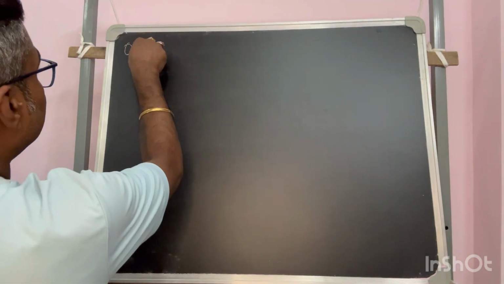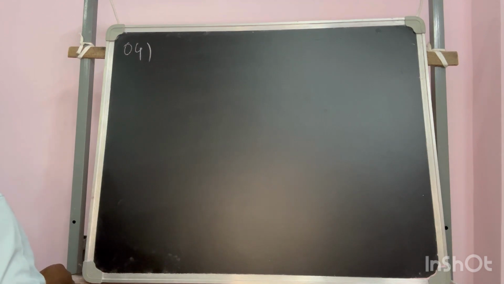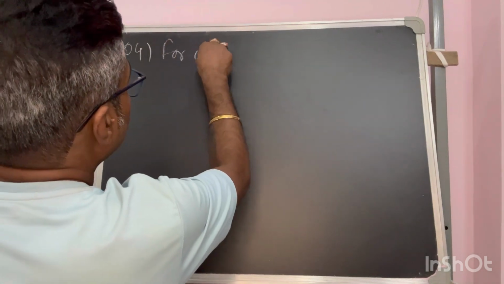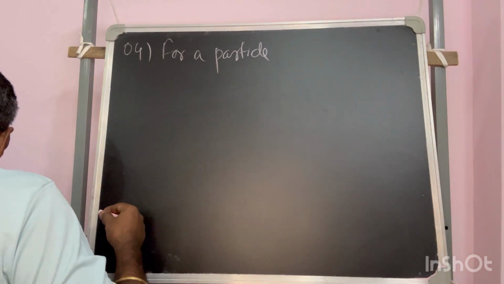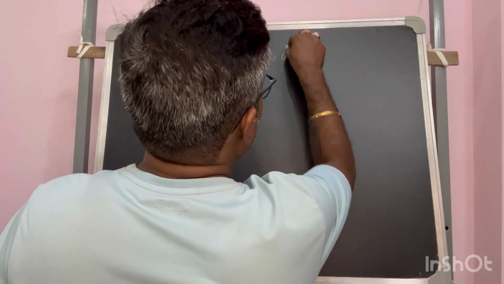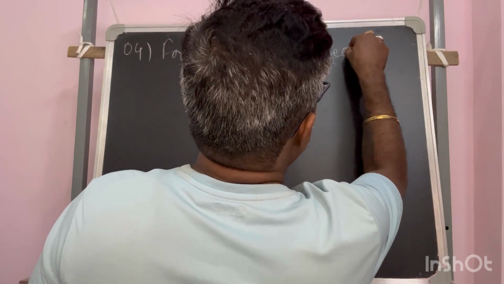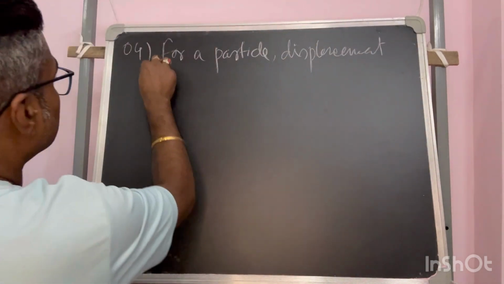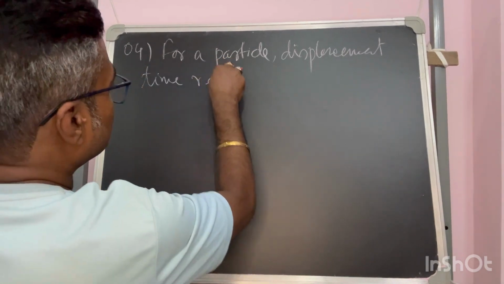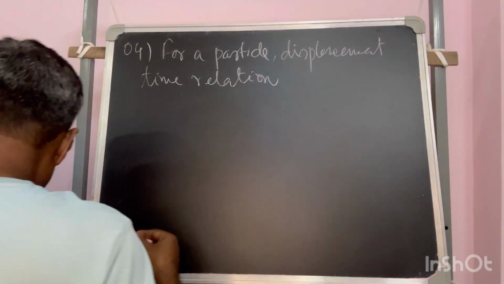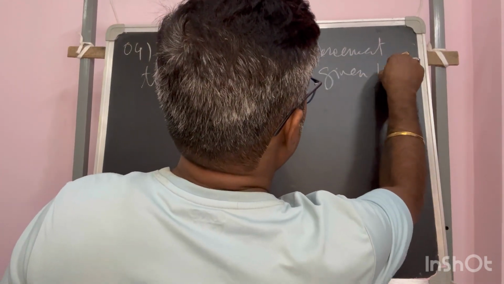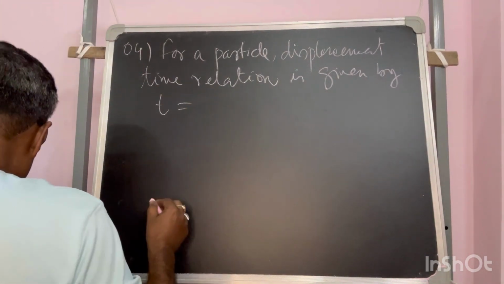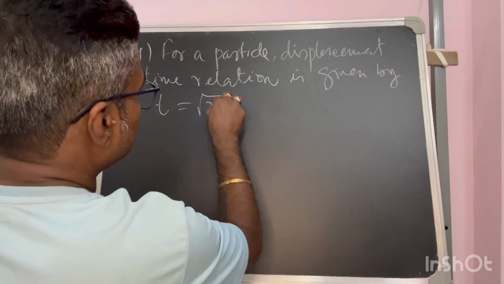So now next is 4. For a particle, the displacement time relation is given by t is equal to root x plus 3.